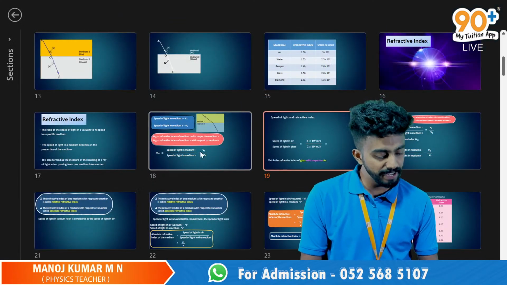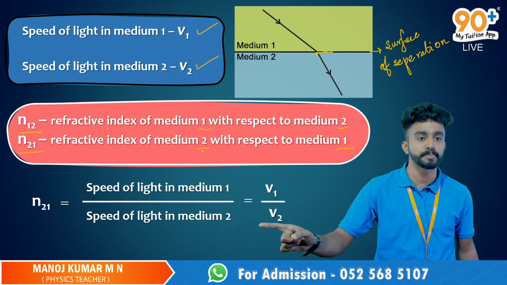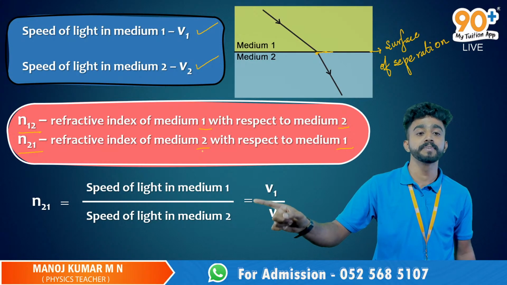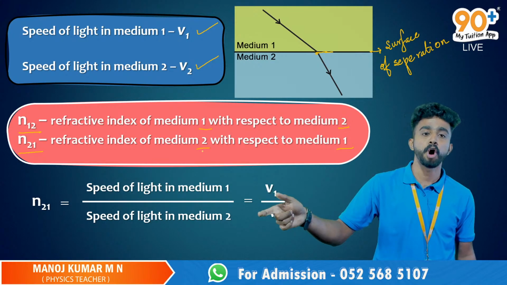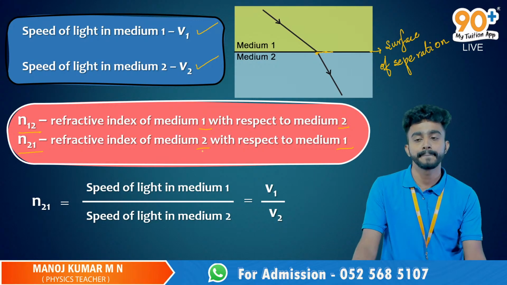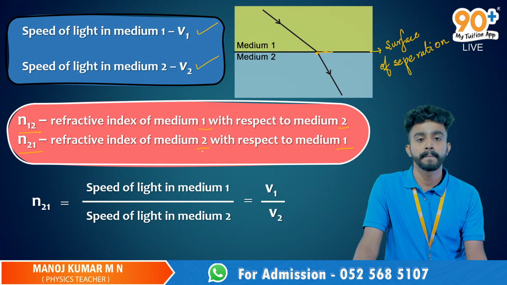If N21 is the speed of light in medium 1 with respect to speed of light in medium 2, in the case of N12 it will be the opposite: speed of light in medium 2 with respect to medium 1. Refractive index of medium 1 with respect to medium 2, or speed of light in medium 1 with respect to medium 2.